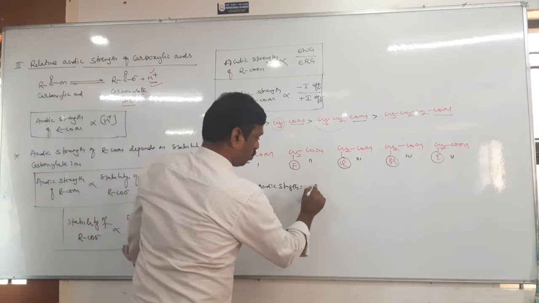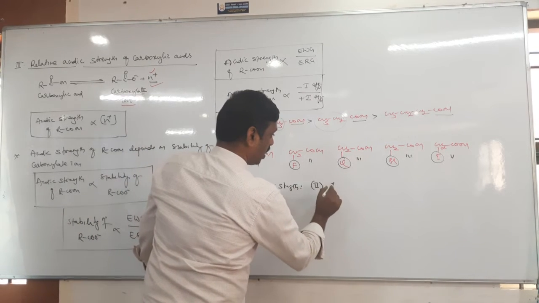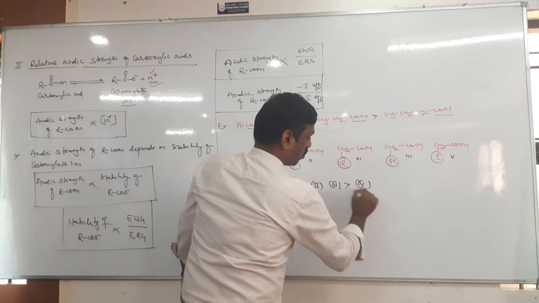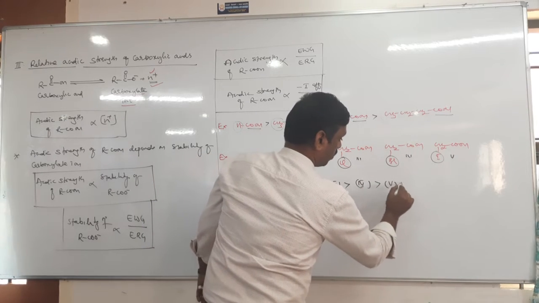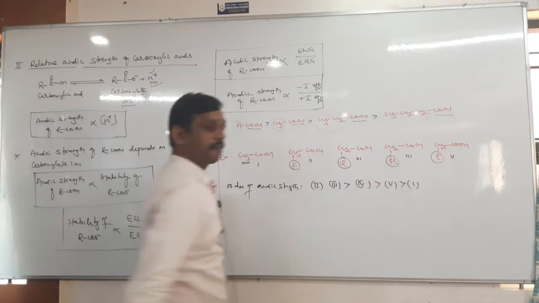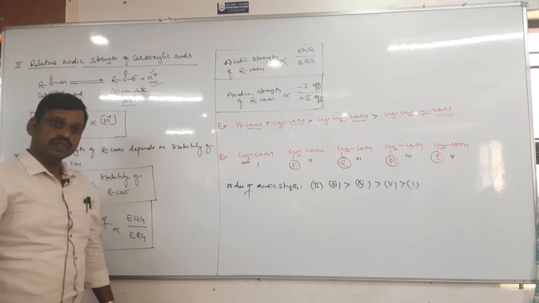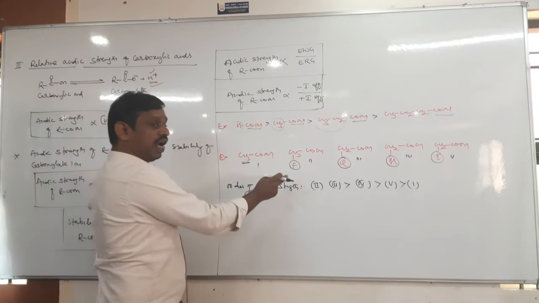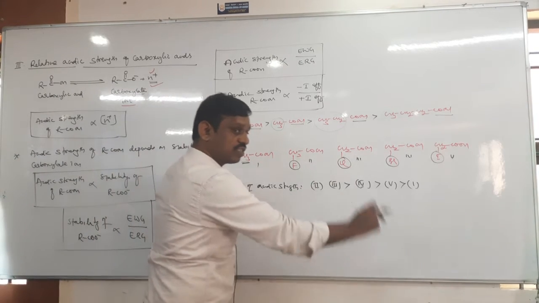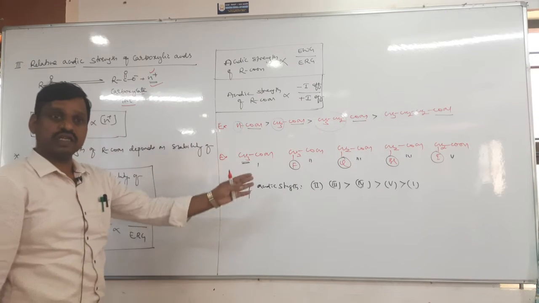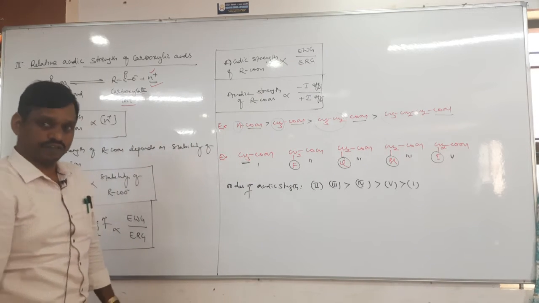Therefore 2 is more acidic than 3, then 4, then 5, then 1. Okay. It means as the minus I effect increases, acidic strength increases. Yes or no? Acidic strength is directly proportional to minus I effect.